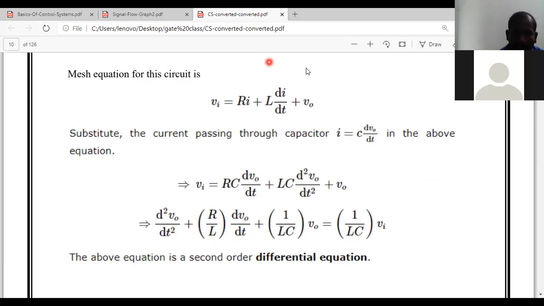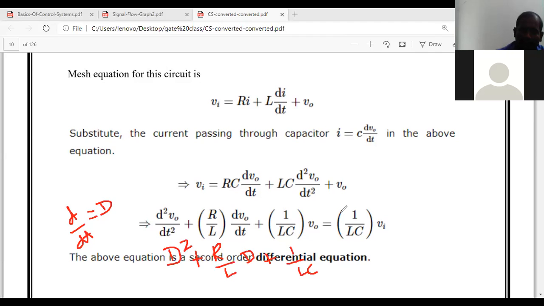In the mathematics subject you will be treating d by dt as an operator D. Therefore this becomes D square V naught plus R by L D V naught plus 1 by LC V naught, like this you'll be getting.